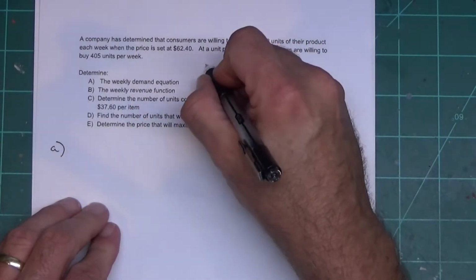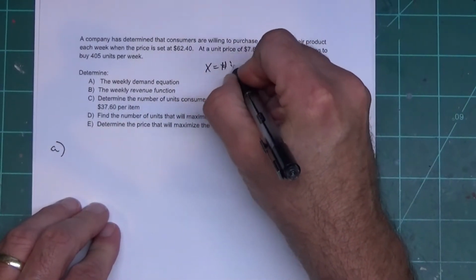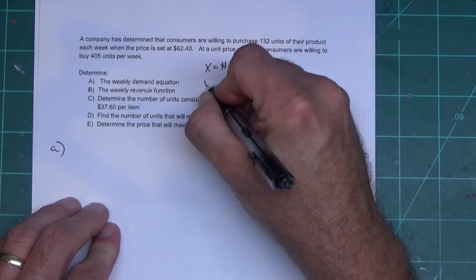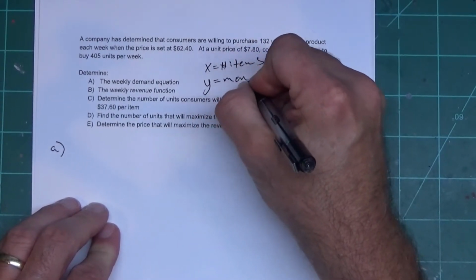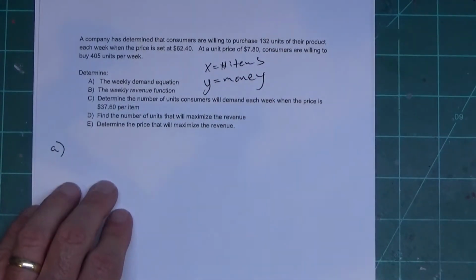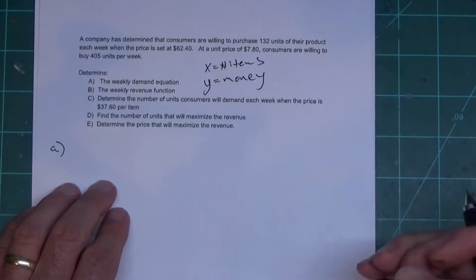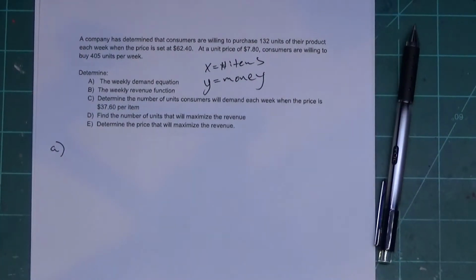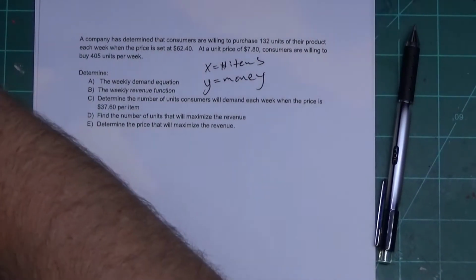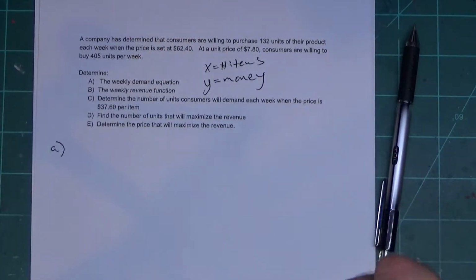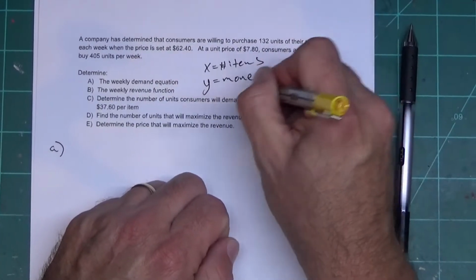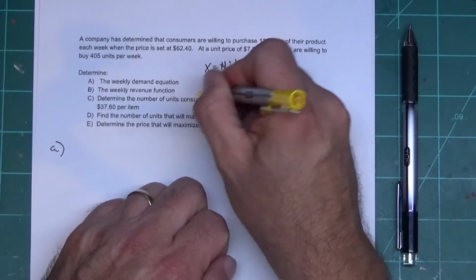When you're getting points, remember X is number of items and Y equals money. Always remember X is number of items, Y is money. Okay, you can remember Y is money because if you look at the end of money, what do we have? A Y is at the end of money.